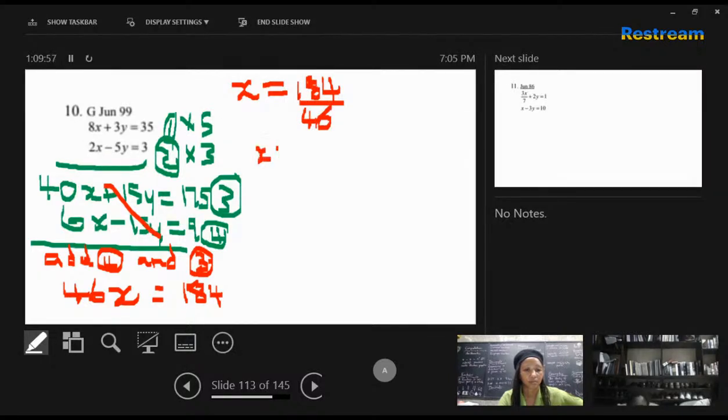So we're going to use equation 1. 8x plus 3y is equal to 35. Wherever I see the x, I substitute 4. 8 times 4 plus 3y is equal to 35.